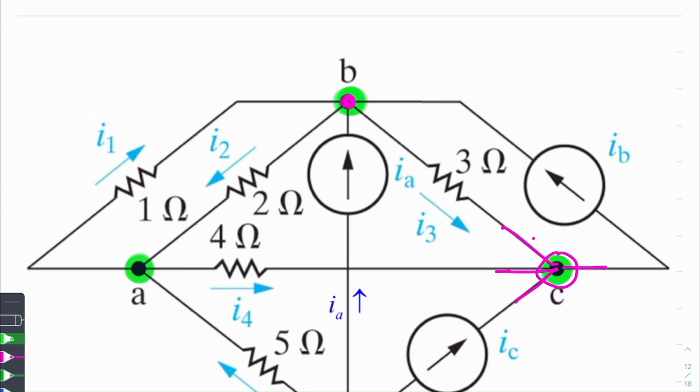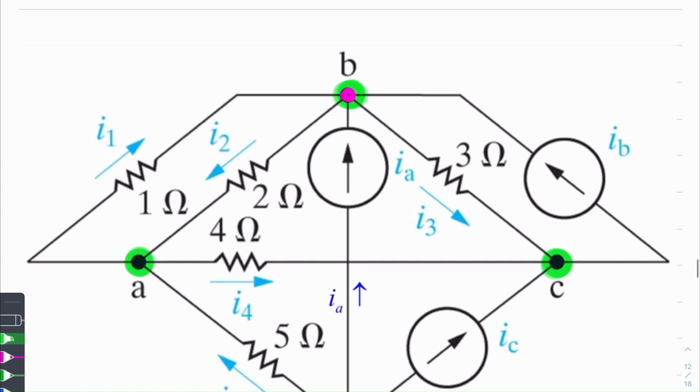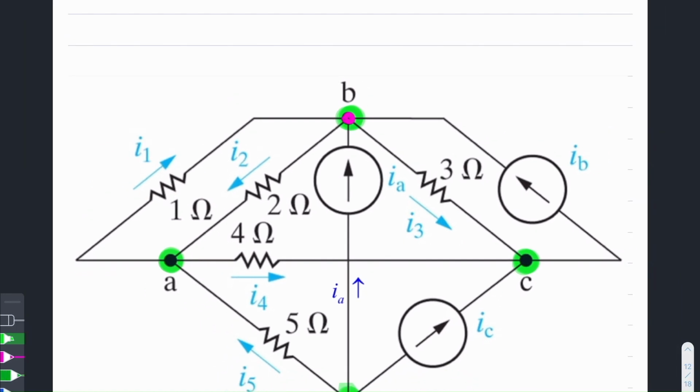So what do we mean by solving a circuit? Okay, by solving a circuit, what we mean is to find the voltage at each of these nodes, VB. What is VC? Okay, and what is VD and what is VA? What is the voltage at each of these nodes? That's one part of solving a circuit. The other part of solving a circuit is finding the current through each of these branches.